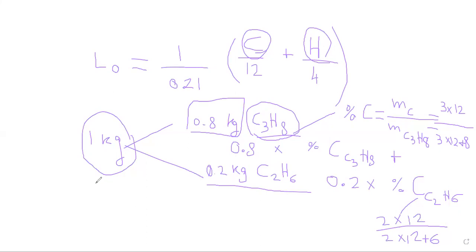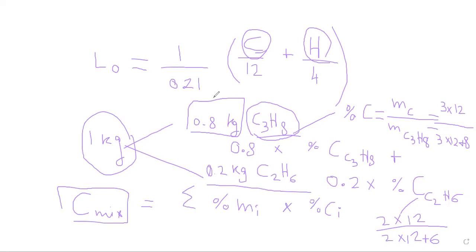So we can say, as a general method, the percentage of C in the mixture is equal to the summation of the percentage in mass of each element, the sum of Mi, times the percentage of carbon present in each of the constituents. This is how I can determine the total percentage in mass of carbon in the mixture.